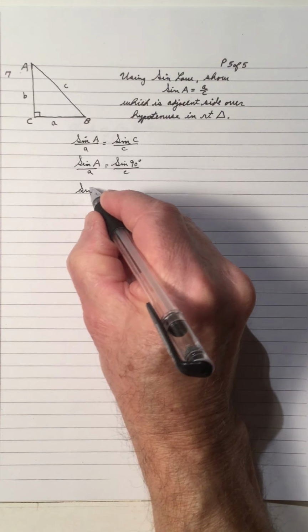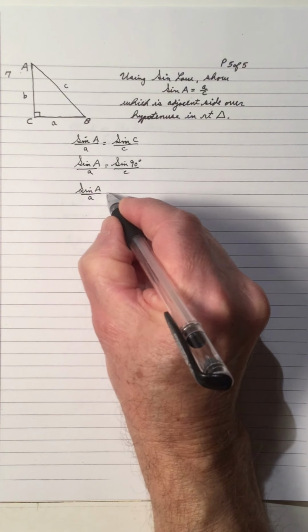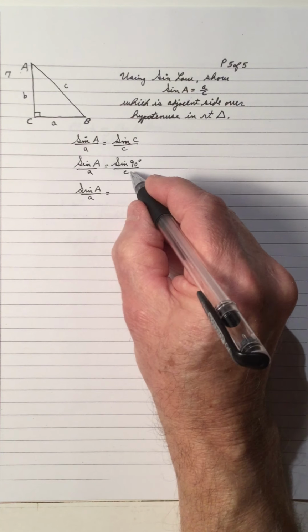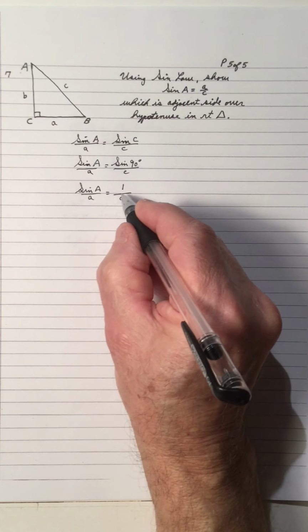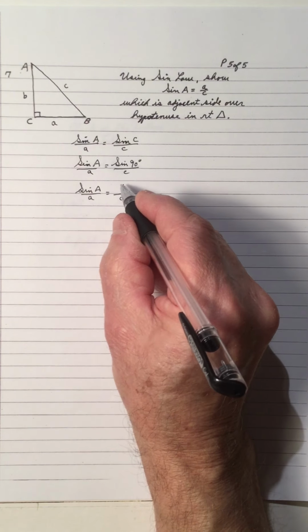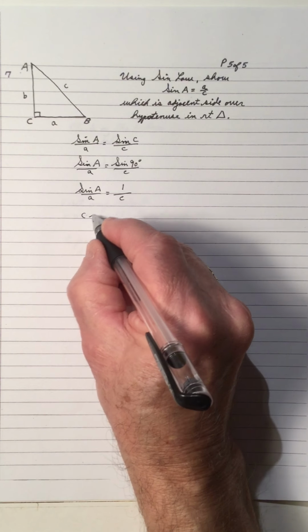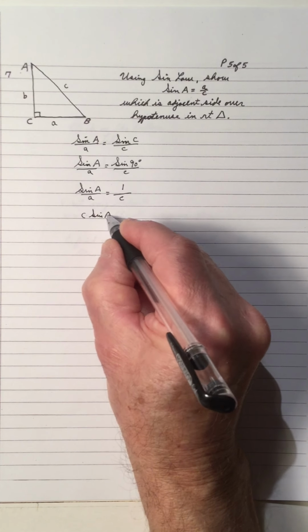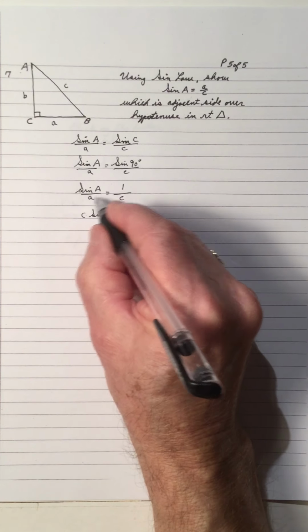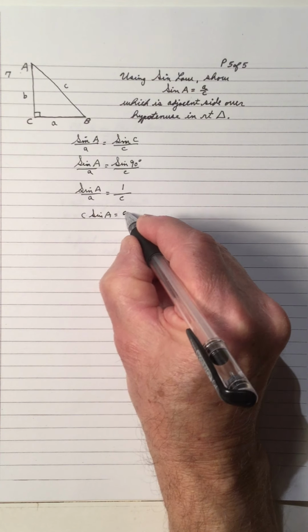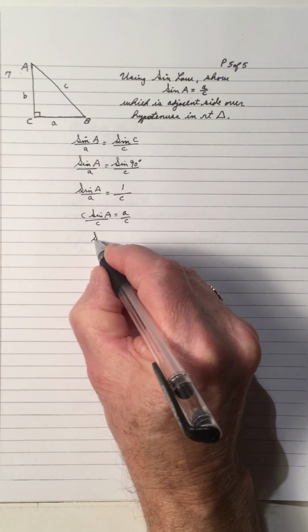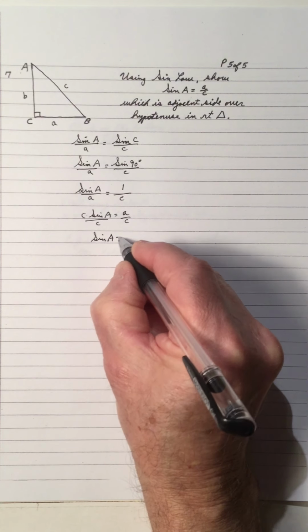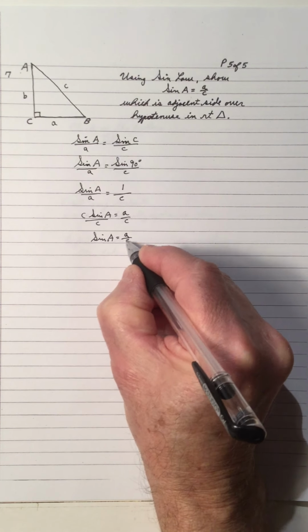So that means sine of A over small a, and just then we worked out the sine of 90, which is 1. So cross multiply, we get small c sine A equals small a times 1, which is small a. So we divide by small c. So the sine of A is a over c.